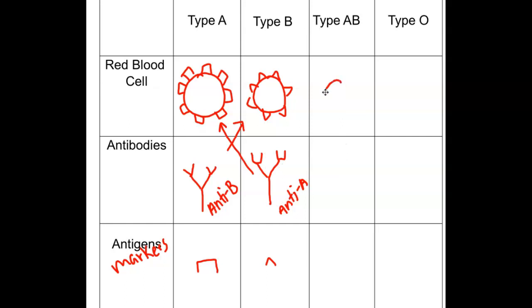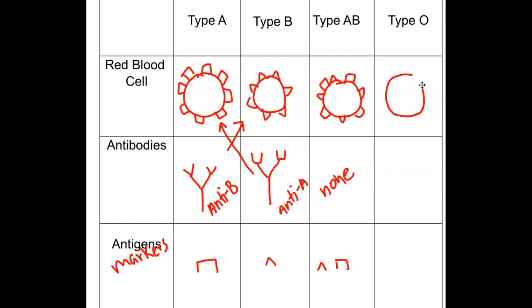If I have type AB, type AB is a combination of both A and B antigens. So squares and triangles. So they have neither of the antibodies, because then they would constantly be fighting against both of the types of antigens that they have.